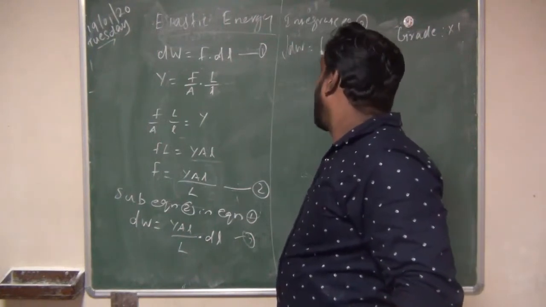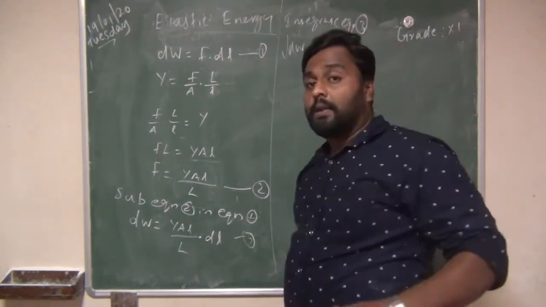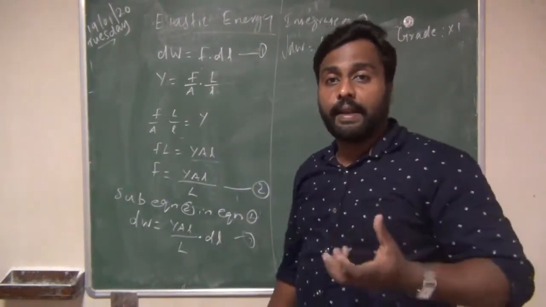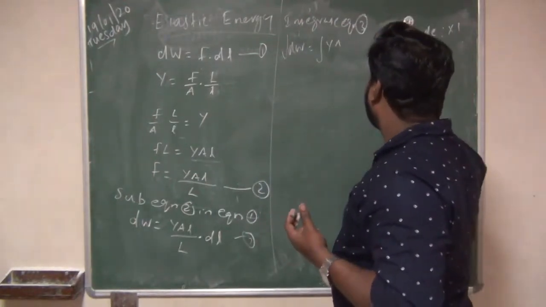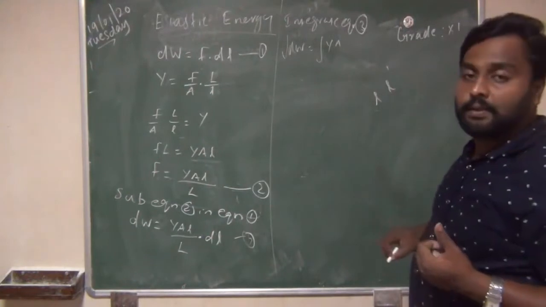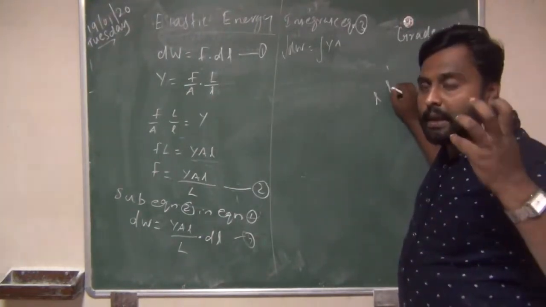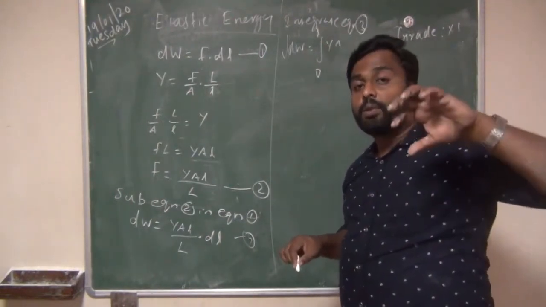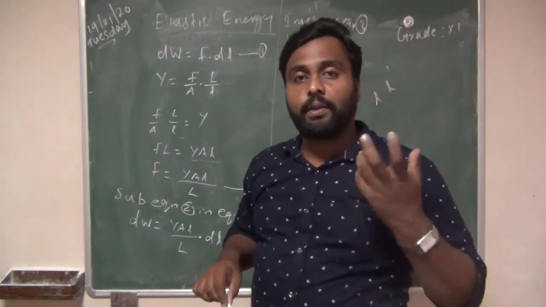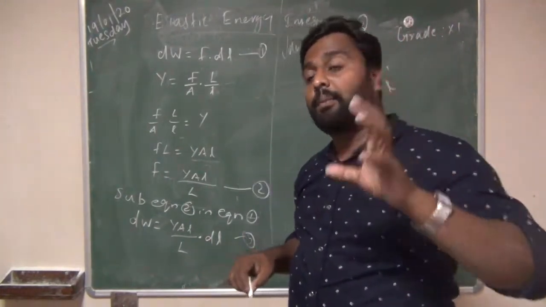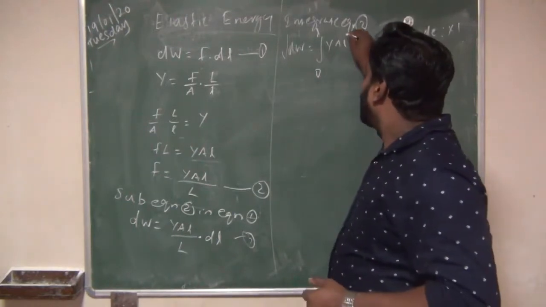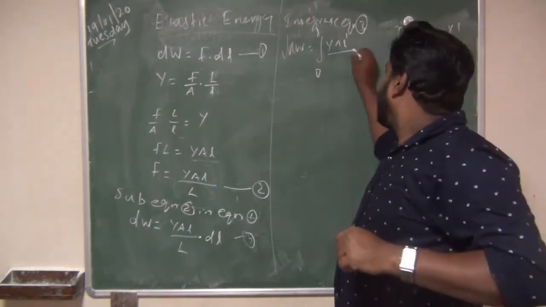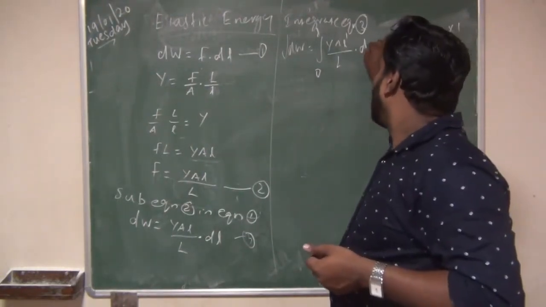Integration dW equal to Y A. Now for l we have to choose a dummy variable for our easy integration. So instead of l you can use l dash. Why we are using this dummy variable means, we are giving the limit 0 to L. So without confusion, we can substitute the limit value, so we have to use a dummy variable here. Instead of l we are using l dash divided by L into dl.